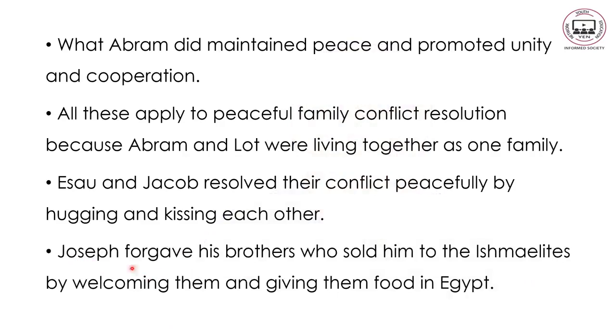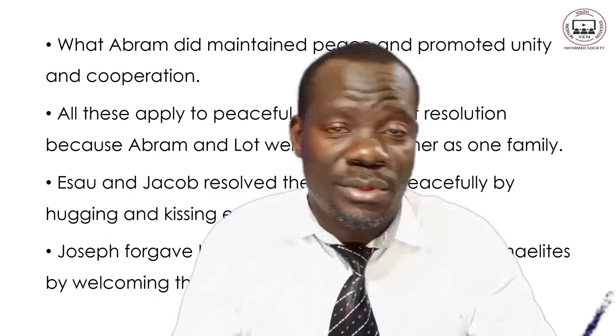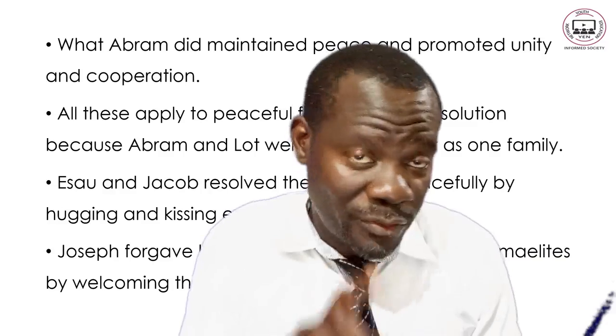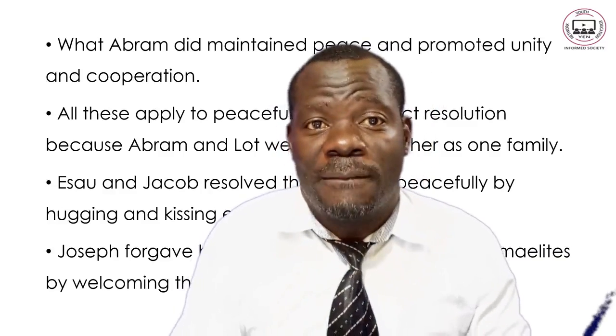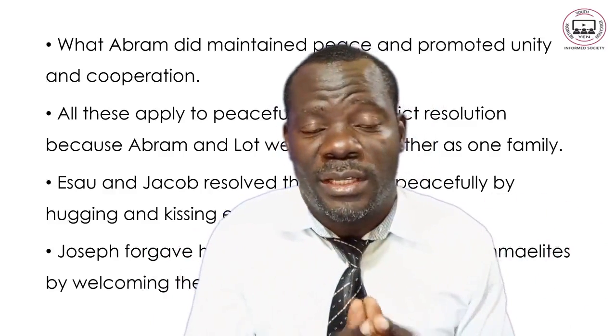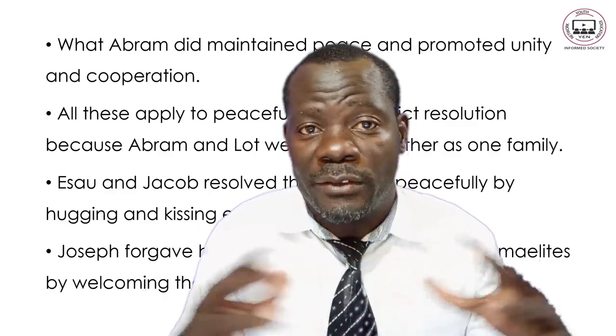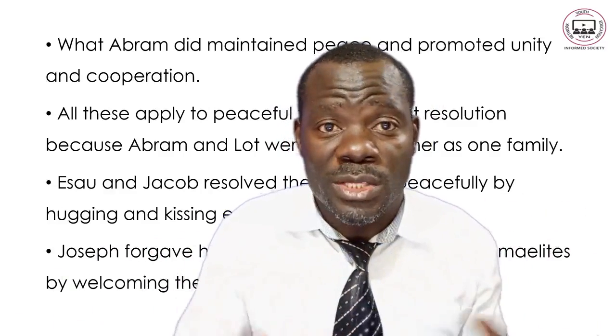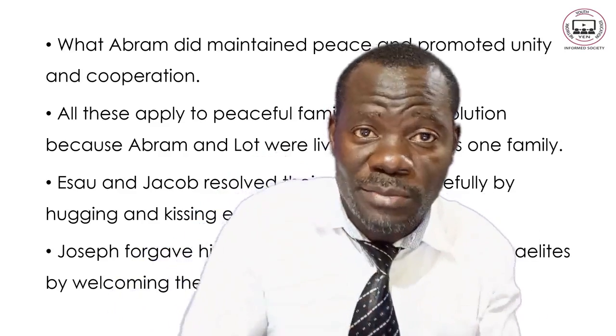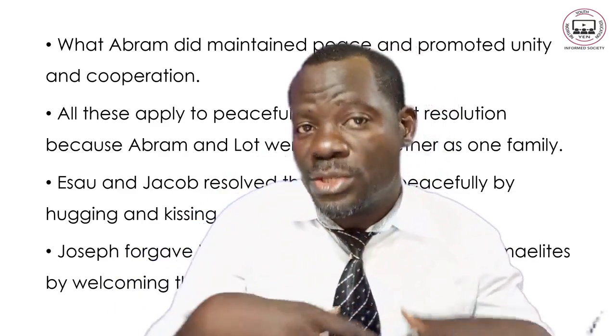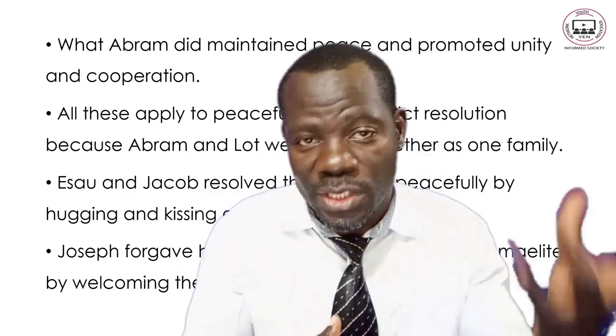Also, Joseph forgave his brothers who sold him to the Ishmaelites, by welcoming them and giving them food in Egypt. Another example is in chapter 42 of Genesis. You have read that story, I guess, whereby Joseph forgave his brothers, although they were the ones who threw him into that pit, got him out and sold him to the Ishmaelites, who sold him to Egypt.